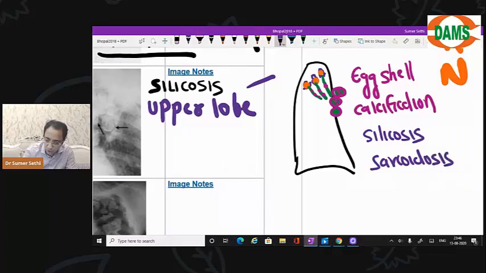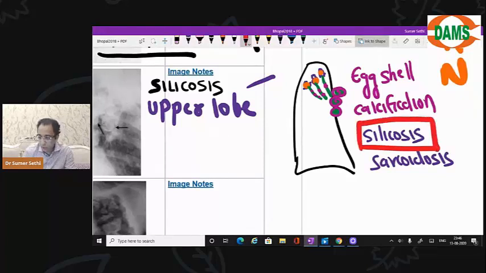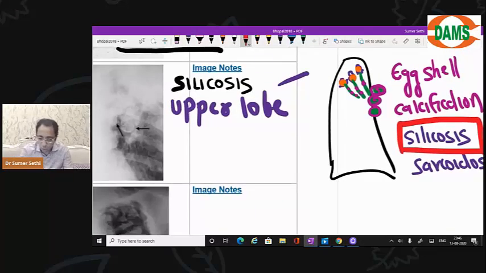But if both are given as choices, the single best answer is silicosis. Are you clear? Eggshell calcification of the hilar nodes. Everybody understands? Okay, second question. Let's see if you can answer. What will happen to the upper lobe lymphatic channels in silicosis?